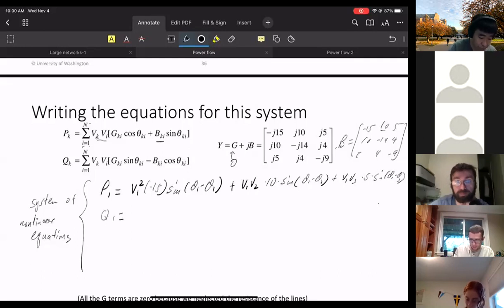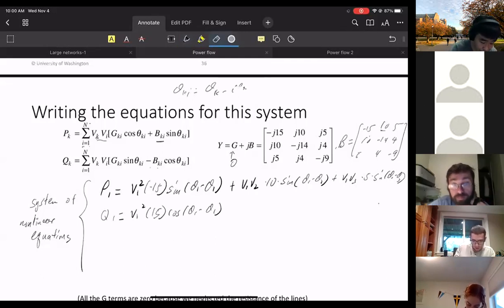Okay, so then Q1, we can do the same thing, right? So we have V1 squared, read out minus 15 here. Right, so we have minus 15, so plus 15, cosine of theta 1 minus theta 1, that's fine. So here again, as a reminder, theta ki is theta k minus theta i. So it's a difference of the angles.